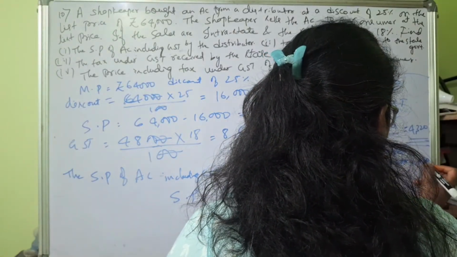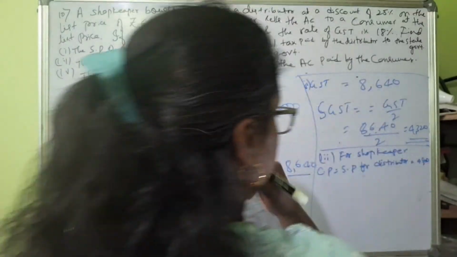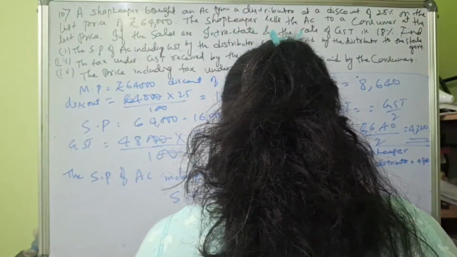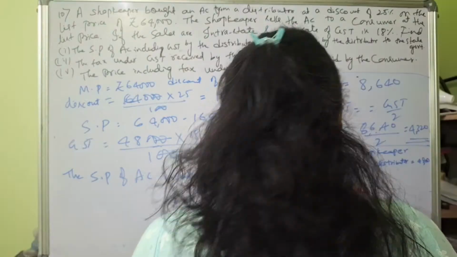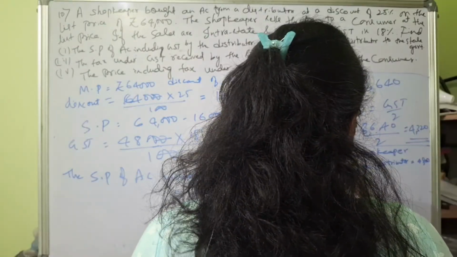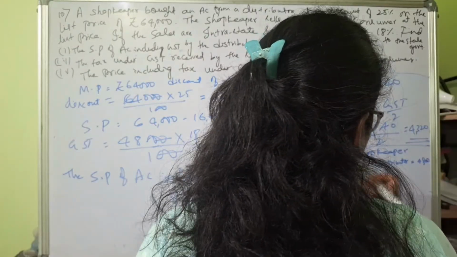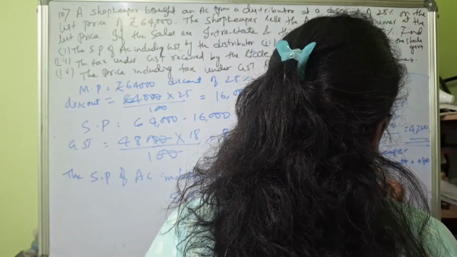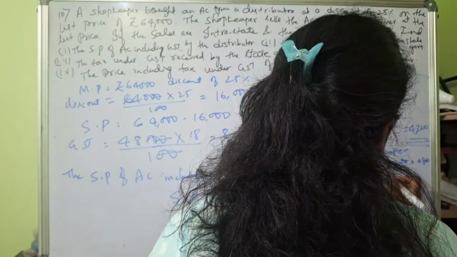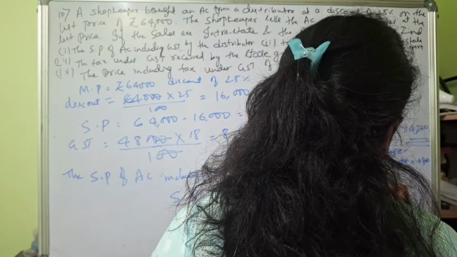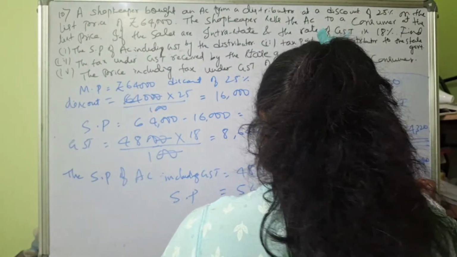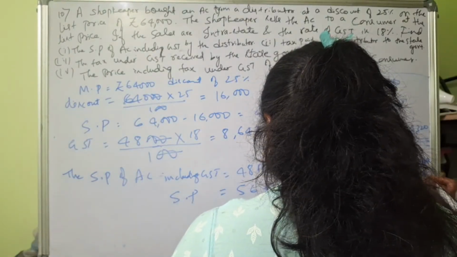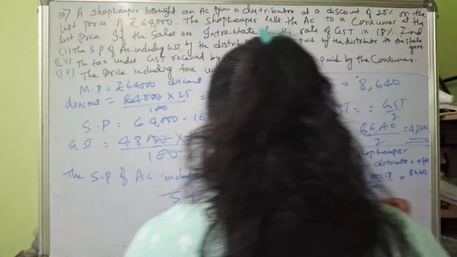So 48,000 is the cost price for the shopkeeper, and input tax is equal to 48,000 of 18%, which is equal to 8,640.